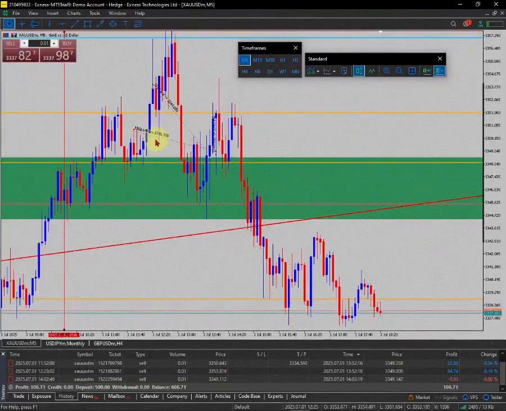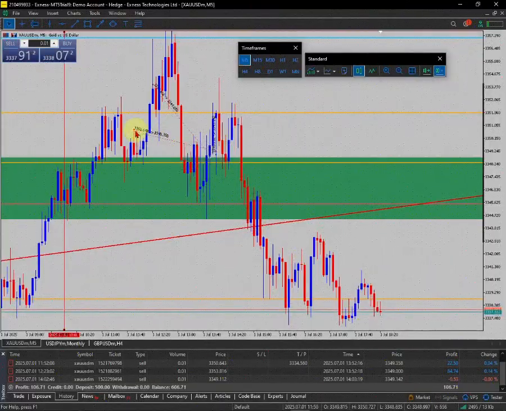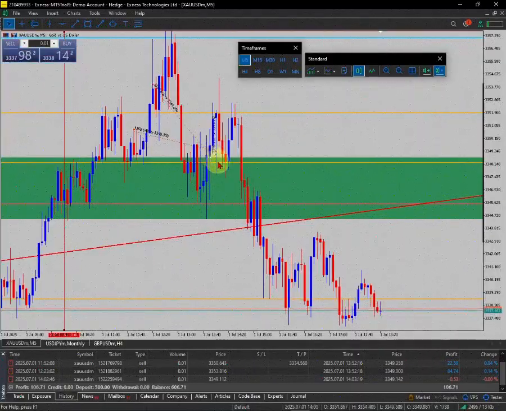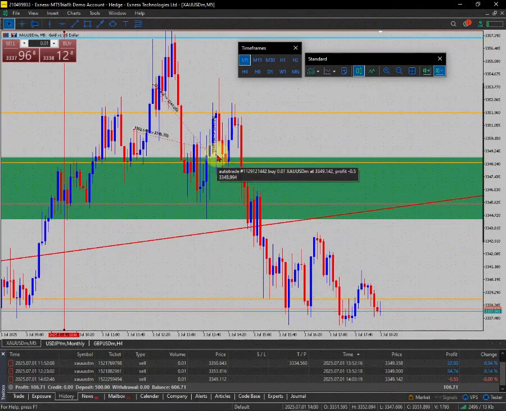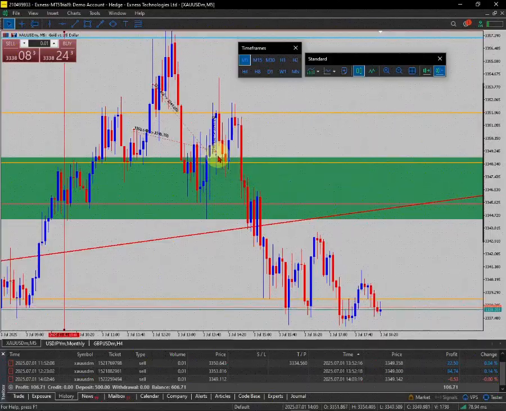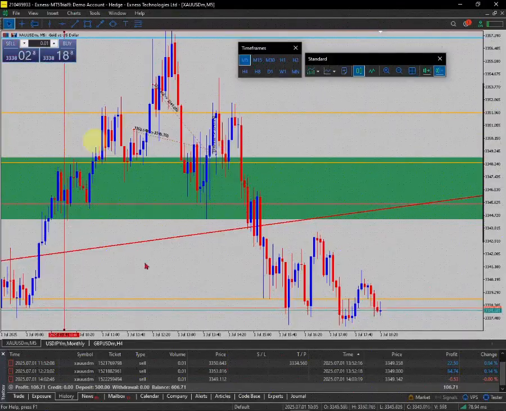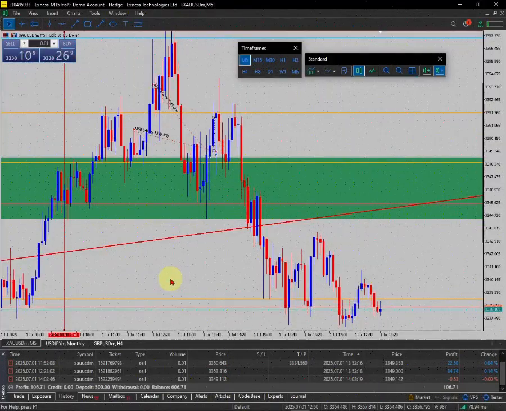The first one was around right here, and the second one was somewhere right here. As you can see, I didn't take a long time to close it since I didn't plan it, and I was just like, okay, I'm done for the day. 100 rand, it's cool, even though I was expecting more. For now, I think that is my results.